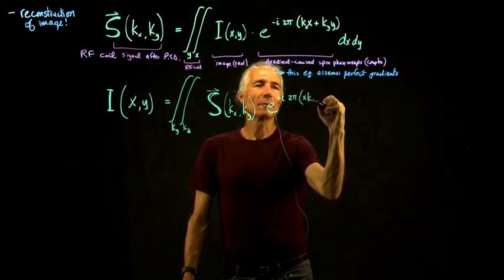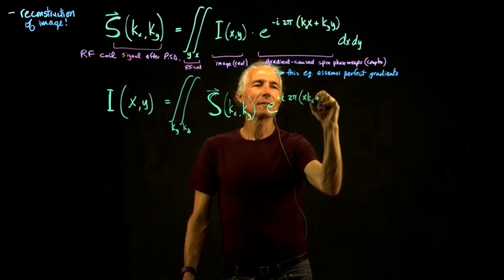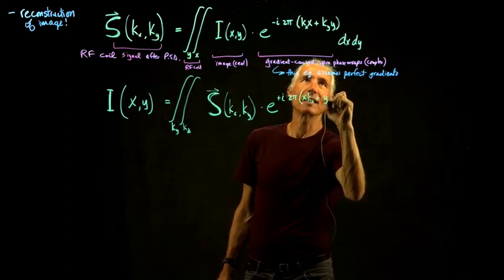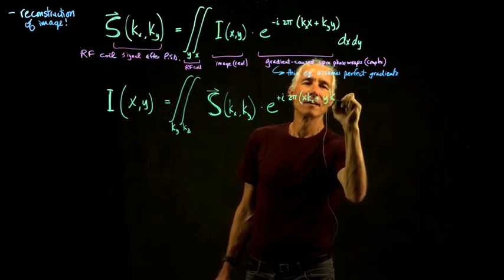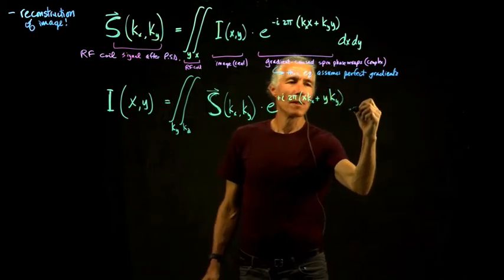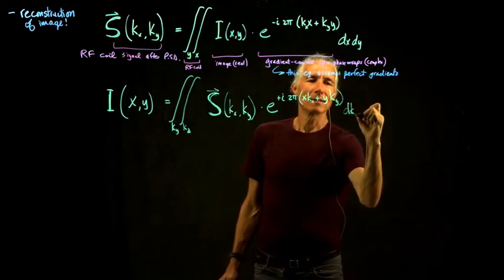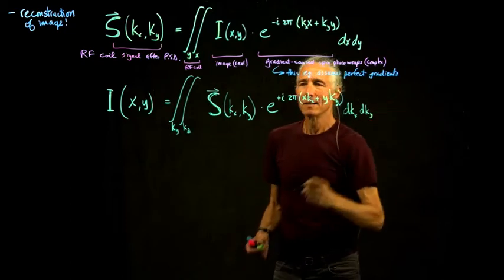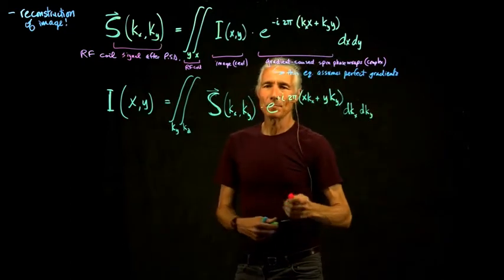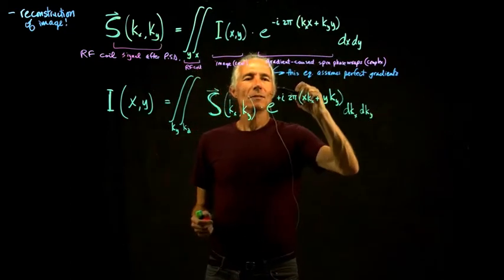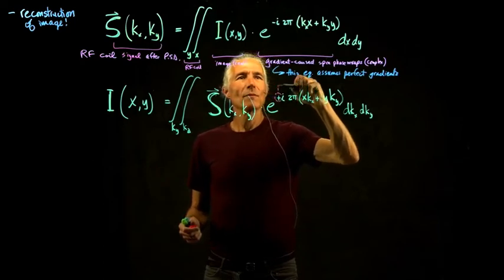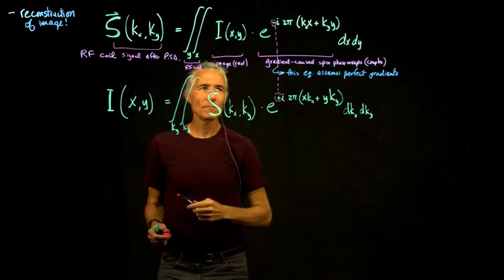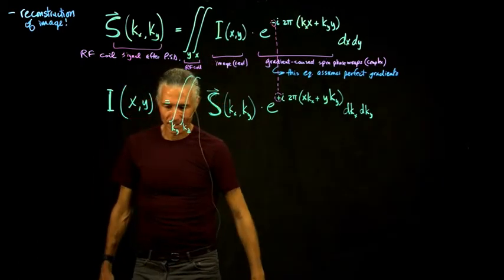Sometimes people write that backwards. Multiplication commutes, but we'll write it backwards to indicate we're doing an inverse Fourier transform. And then this is for every point. So the only difference between the inverse and the forward Fourier transform is this sign right here. Otherwise, the operation is exactly the same.